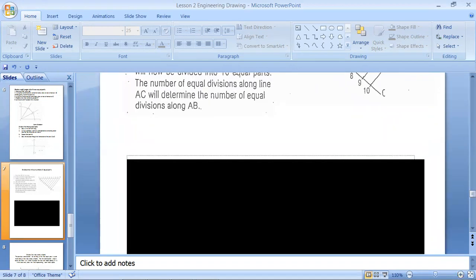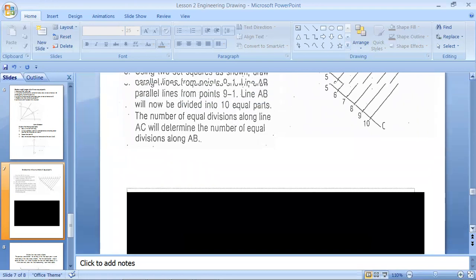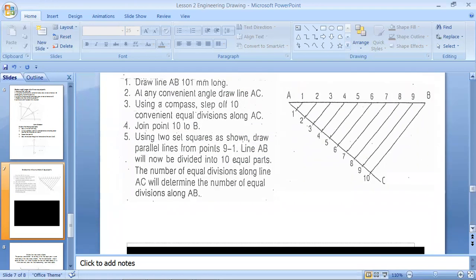Let me zoom a little for better seeing. All right. For this particular case, when we draw the horizontal line AB at 101 millimeter, the first thing we have to do is create an acute angle between the horizontal line and this line.